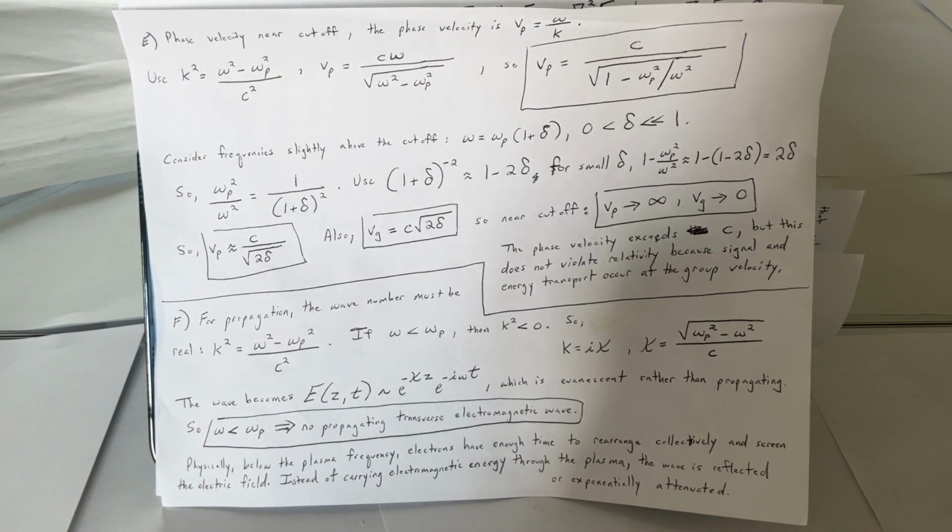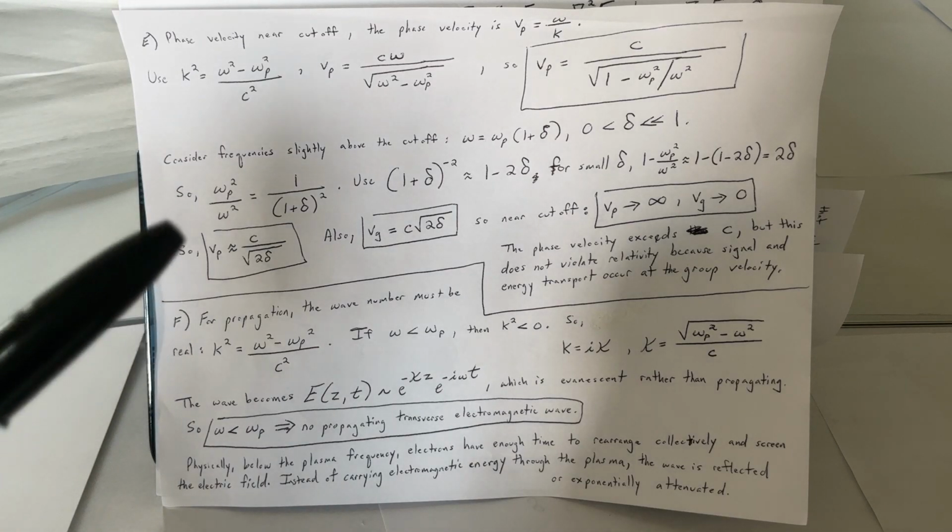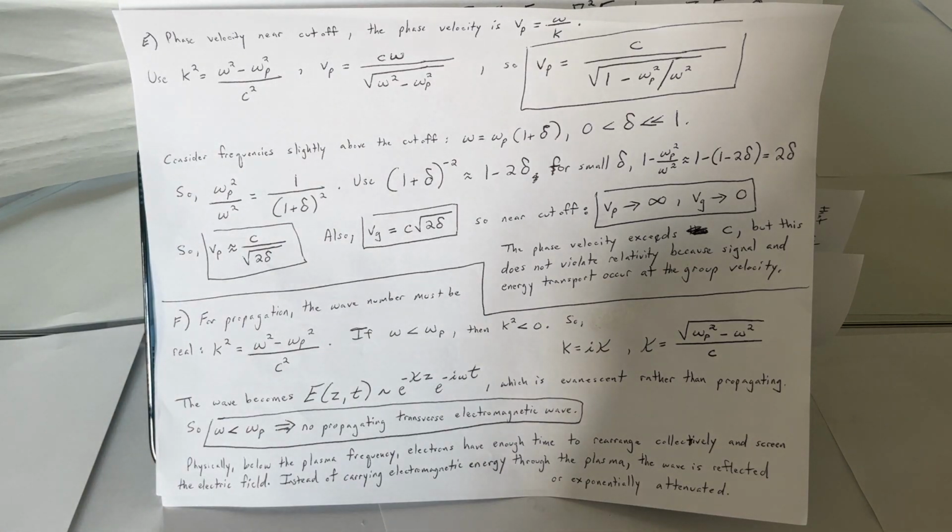So 1 minus omega sub P squared over omega squared approximates 1 minus the quantity 1 minus 2 delta, and that'll be 2 delta. So from there, V sub P is approximately C over the square root of 2 delta, and also V sub G equals C times the square root of 2 delta.